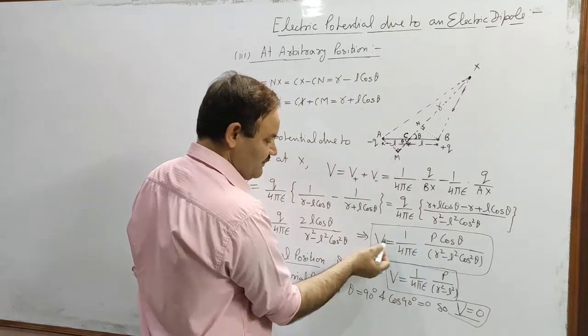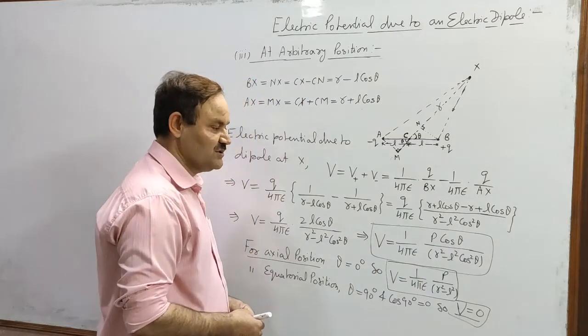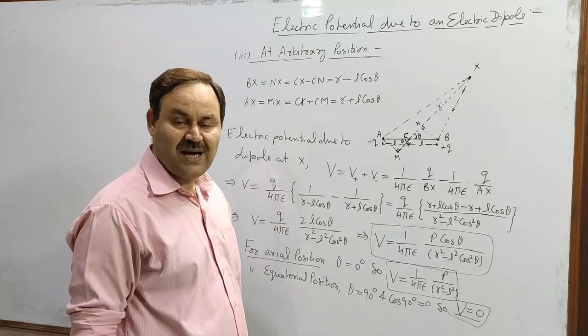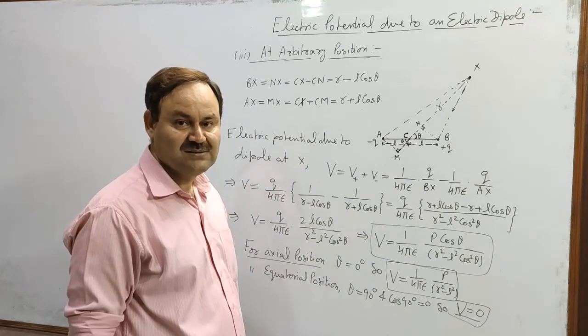Cos 90 will make V as 0. Thus, it is the general expression for electric potential due to an electric dipole.